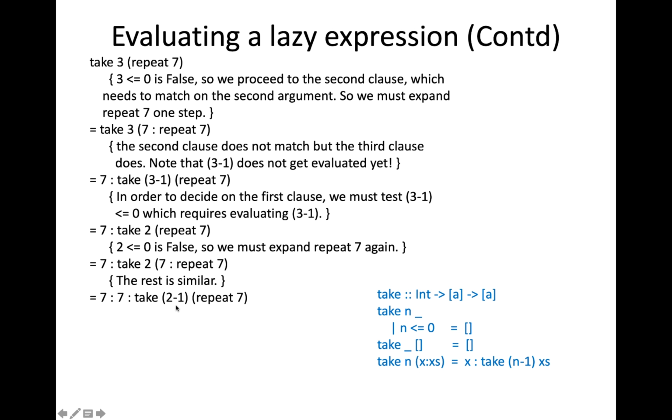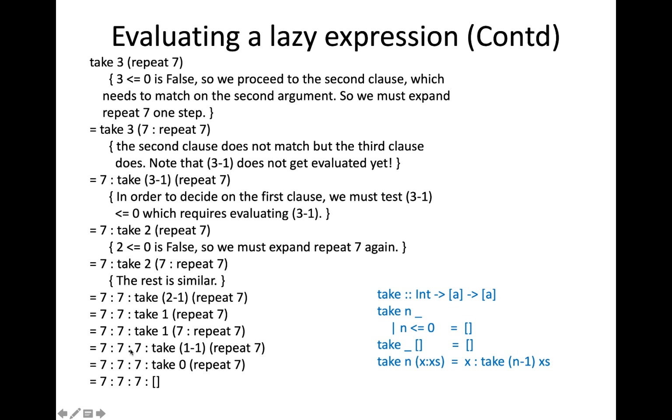Now again 2 minus 1 will be evaluated, that becomes take 1, and to match the case here, this has to be again evaluated, so that is expanded to this. So again now this matches with this part, so another 7 is out, 1 minus 1, and so on.